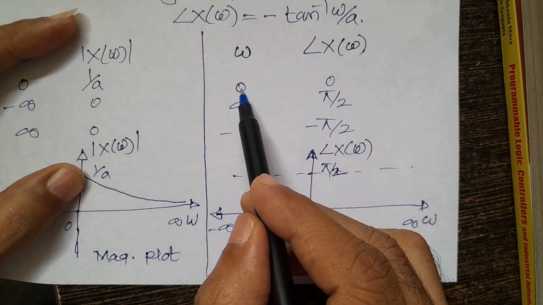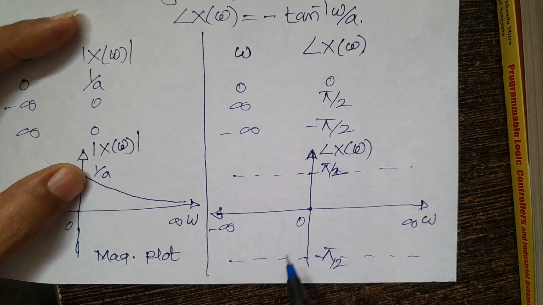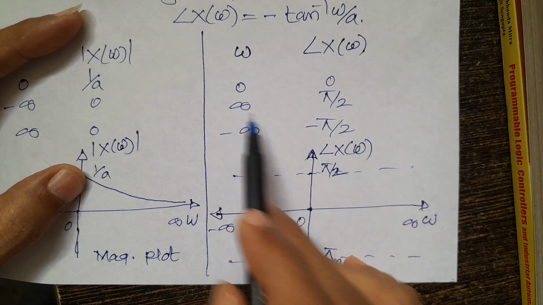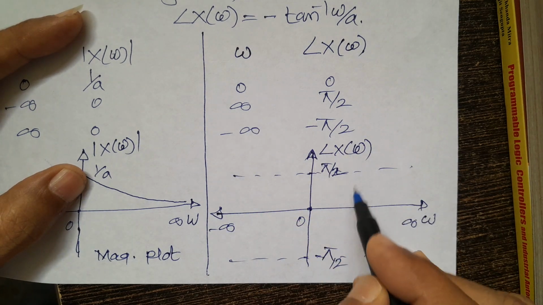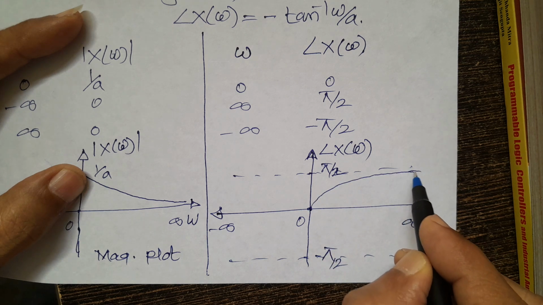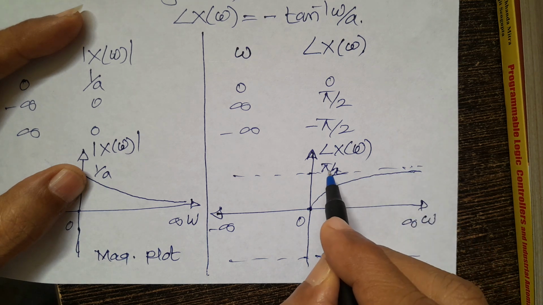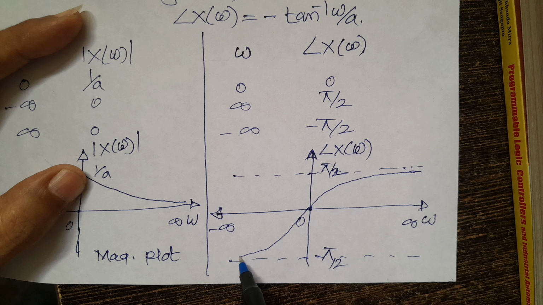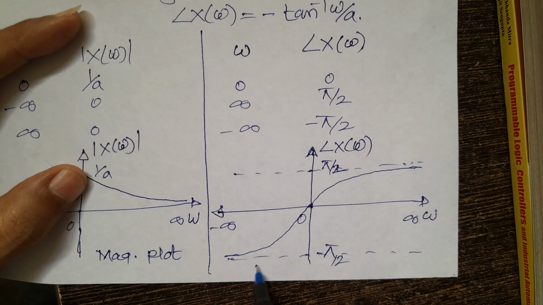When frequency is 0, the angle is also 0. When frequency is infinite, the angle is like this, touching the pi by 2 line, and when it is minus infinity, it touches the minus pi by 2 line. So this is the phase plot.